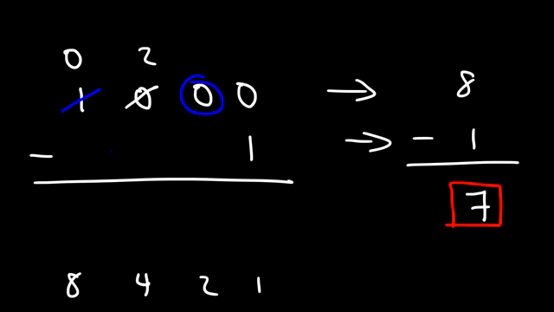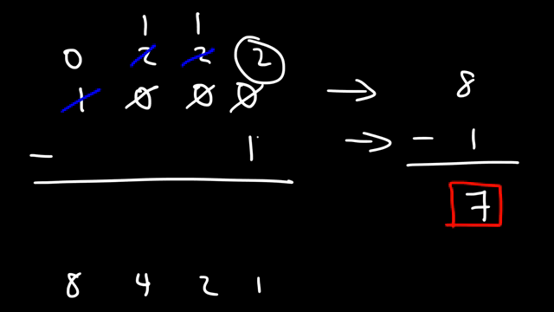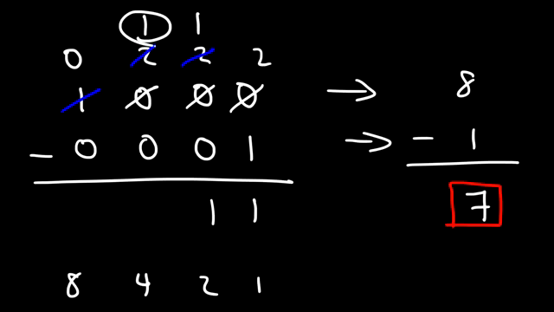Now we need something here, so let's borrow a 1 from the 2, making that a 1, and this will change into a 2. Then we need to borrow a 1 again, making this a 1, and this a 2. So 2 minus 1 is 1. And then 1 minus nothing, if you want to, you can add some zeros here. So 1 minus 0 is 1. And then we have 1 minus 0 again, which is also 1.